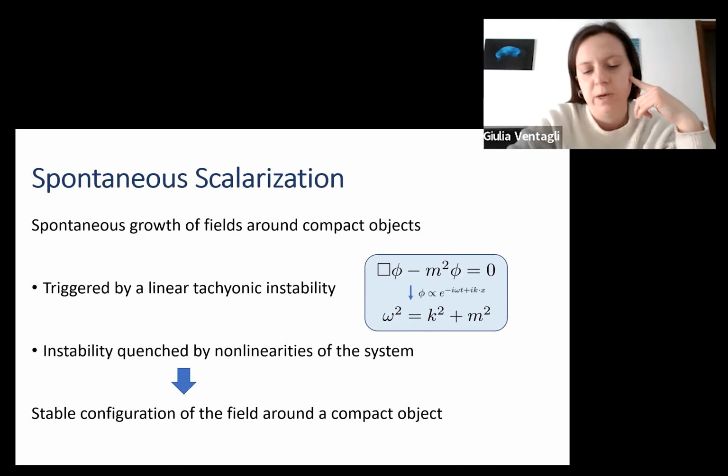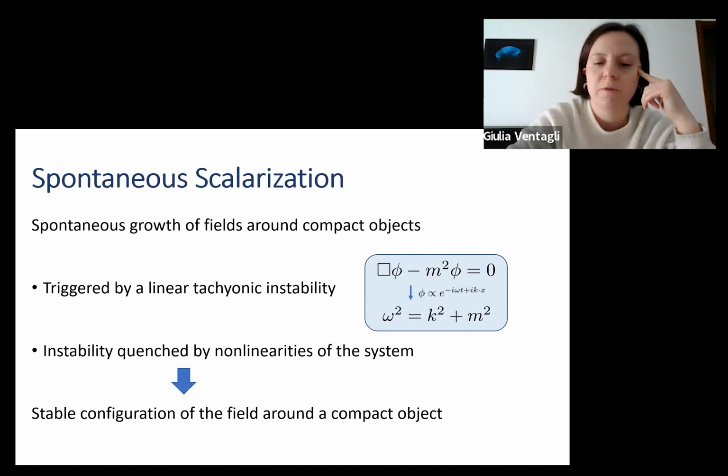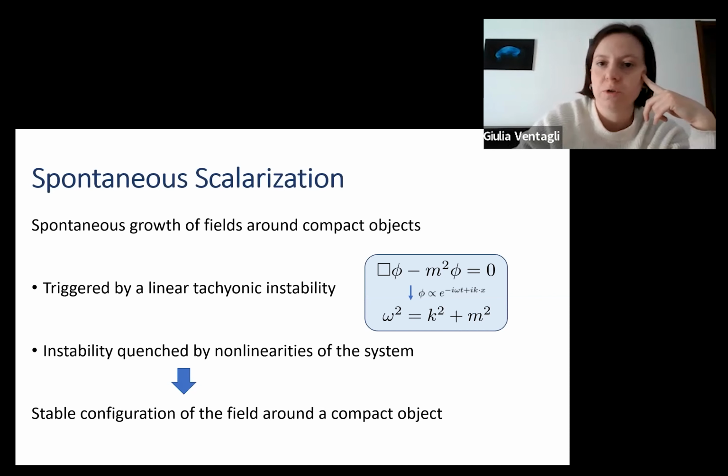It can be understood as a screening mechanism that allows a compact object, so a neutron star or black hole, to have a non-trivial scalar configuration close to or inside the compact object, where gravity is strong. At the same time, it allows us to retrieve GR solutions far away from the compact object.